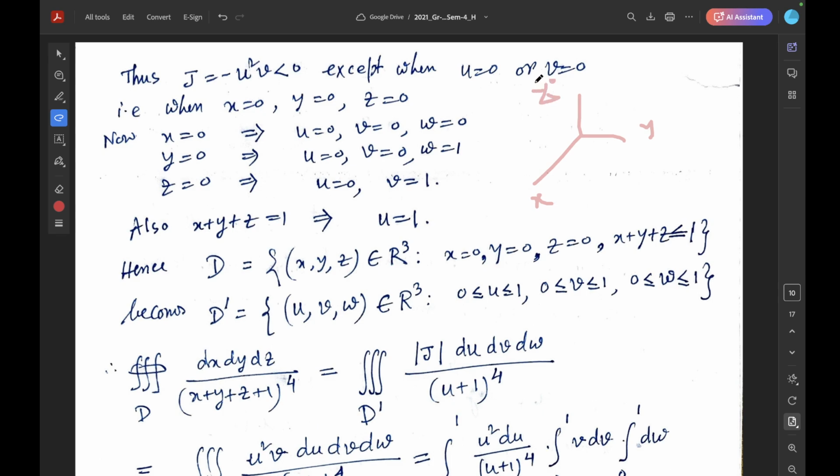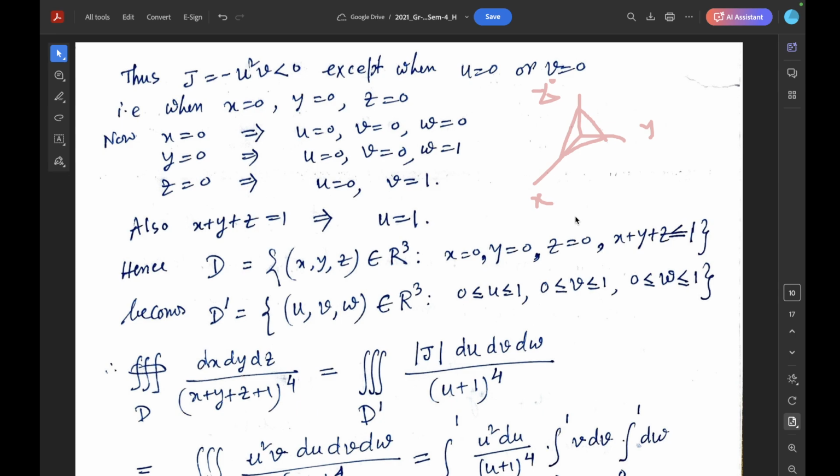This is the tetrahedron bounded by the plane x plus y plus z equal to 1, the plane x equal to 0, this yz plane, y equal to 0 meaning the zx plane, and z equal to 0 meaning the xy plane.